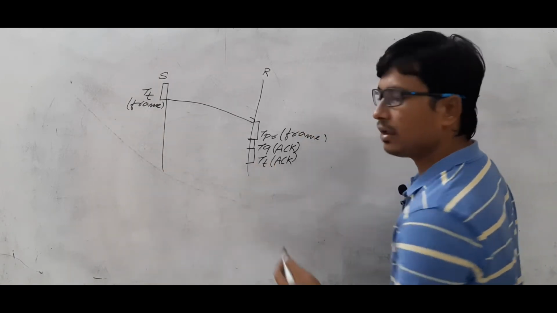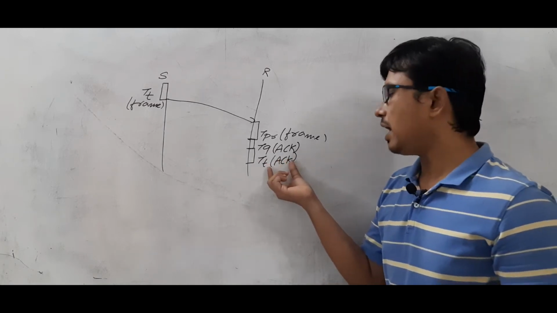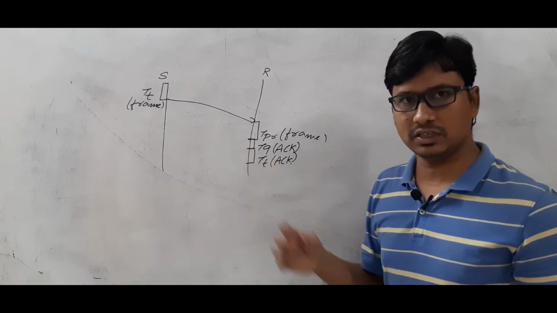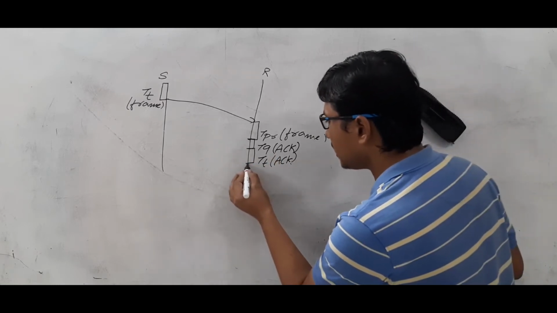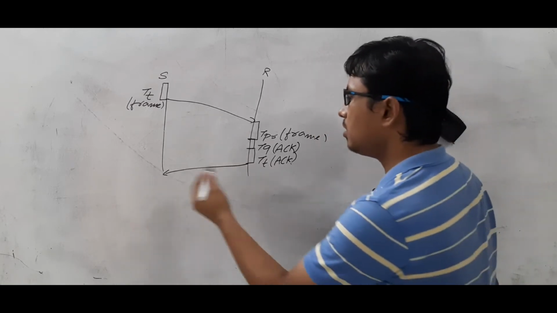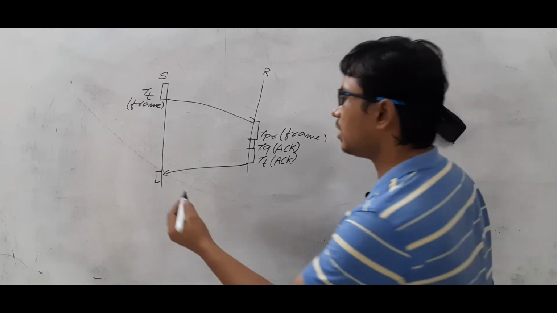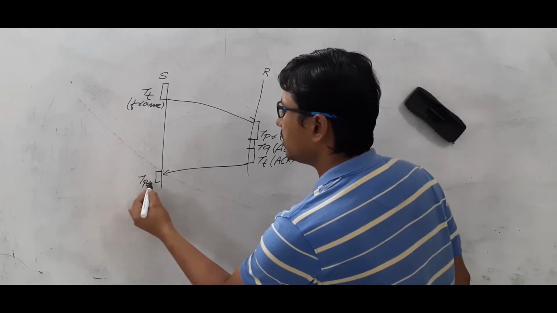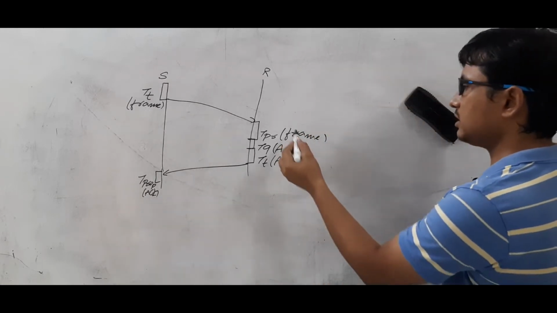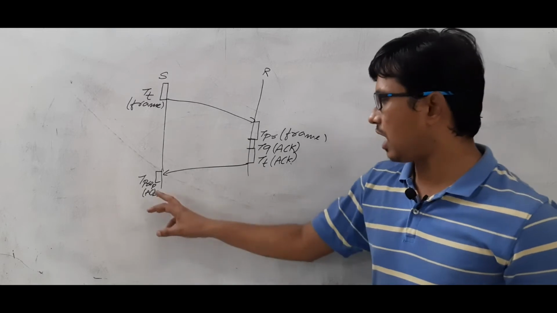Once the acknowledgement needs to be sent, it has to wait in the queue, then transmit, and even process. Then the acknowledgement will be propagated. The entire acknowledgement will come in the propagation delay for the acknowledgement. Here the propagation delay is for the frame, and here the propagation delay is for the acknowledgement.